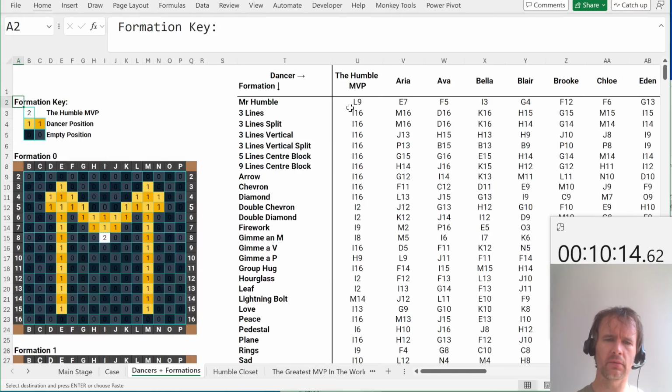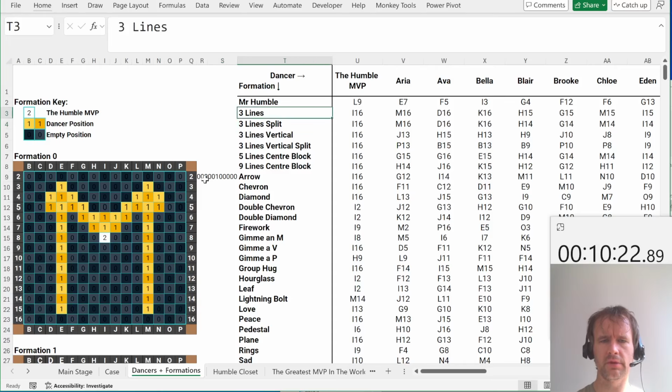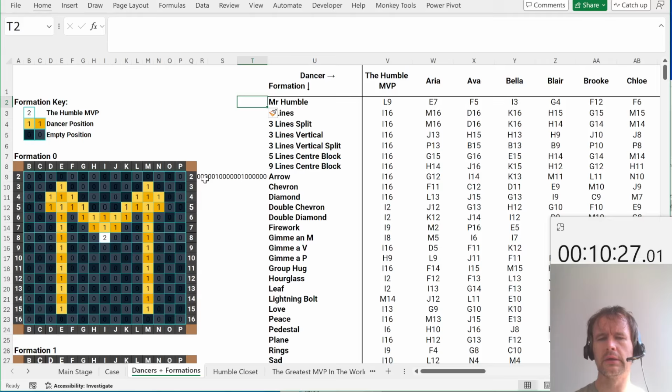So I guess what I want is to concat this. And then for each one of these, let's make space for it here. So we'll concat.